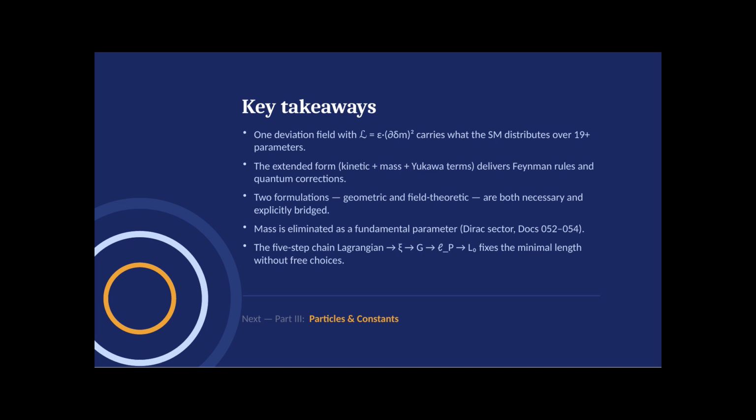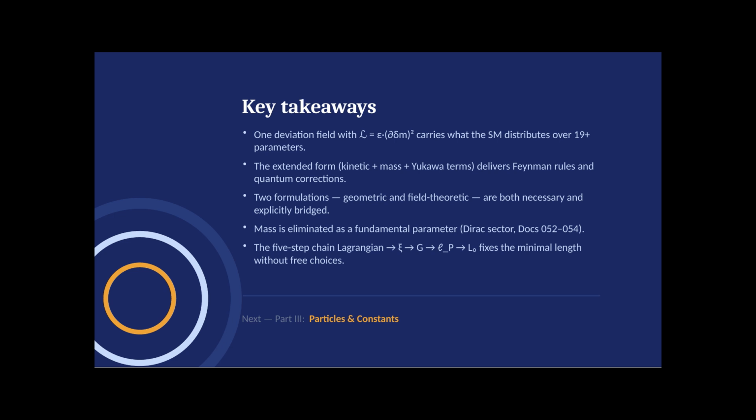The 2 formulations, geometric and field theoretic, are both needed and explicitly bridged. Mass as a fundamental parameter gets eliminated in the Dirac sector, and the 5-step chain, Lagrangian to Greek x to g to Planck length to L0, pins down the minimal length with no free choices.